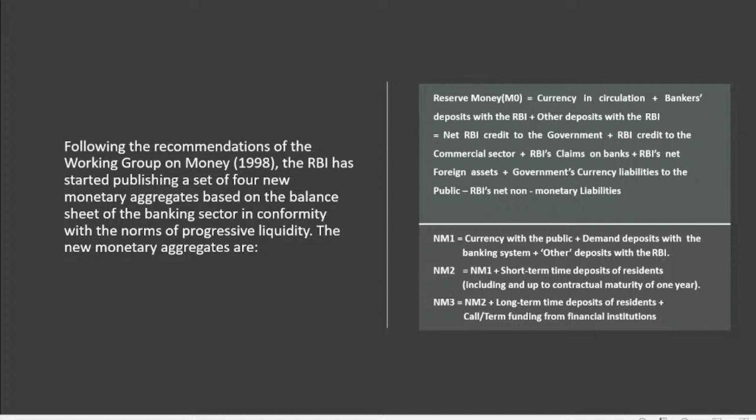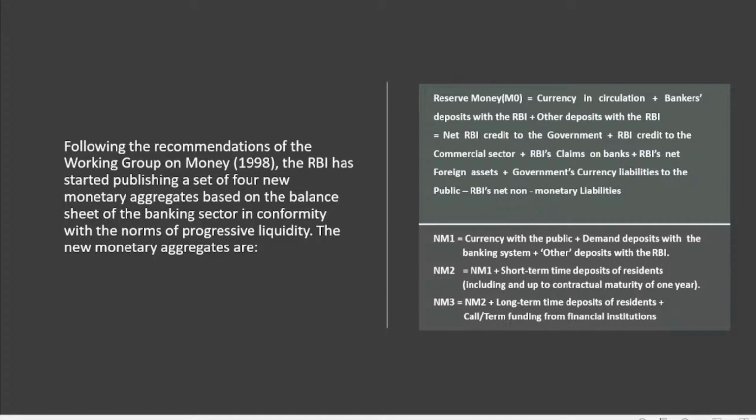So the 1998 committee has recommended a new norm on monetary aggregates based on the new form of money and liquidity norms. As you know, liquidity is the most important factor for banks to sustain, otherwise there will be a run on banks.